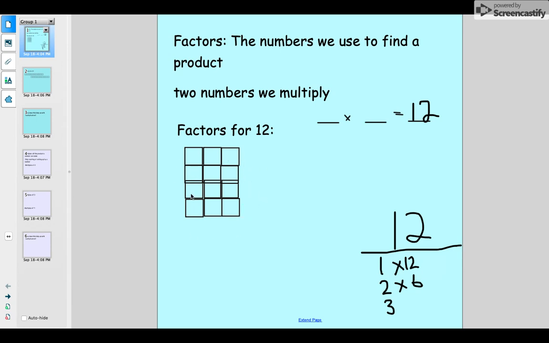I used all the blocks to make this array or this rectangle, so the area of this box would be a 3 by 4. So I know that a factor pair of 12 would be 3 times 4. My next factor I would try is 4, but if you look, I already did that. It would be 4 times 3, so I know I'm done. So I now found all the factor pairs, or all the ways to multiply to get an answer of 12.